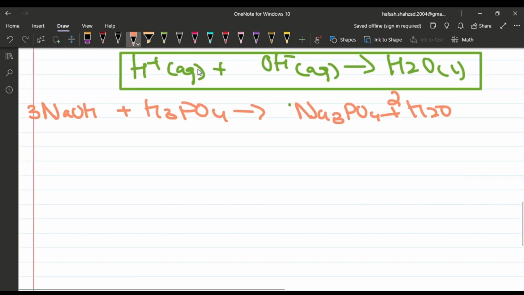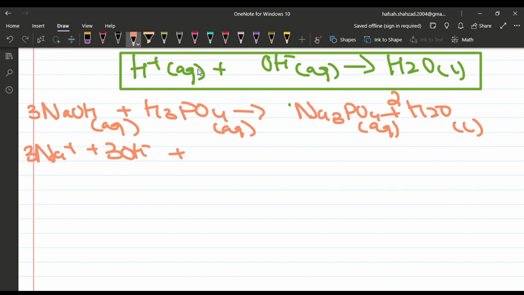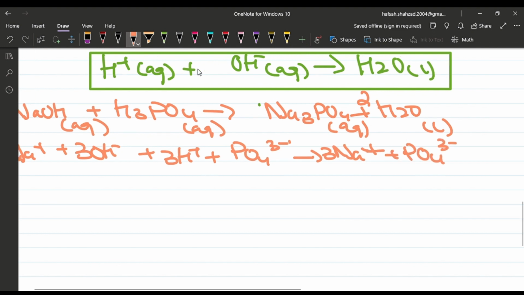So quickly we will be writing down NaOH again aqueous, H3PO4 again aqueous. This is a soluble salt, so we will be writing aqueous. H2O is liquid. So 3 Na ions plus 3 OH ions plus 3 H plus ions plus PO4, and we have 3Na over here plus PO4 over here, and obviously H2O as it is.